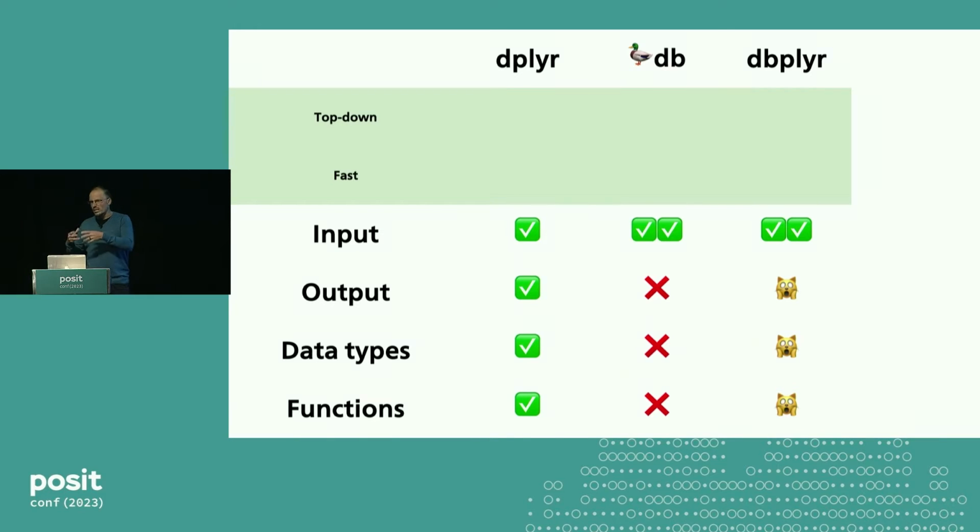We have to collect it and transform it to a data frame. We don't support all the R functions. We don't support all the R data types. And for some functions, even the semantics are a little different. Bottom line, chances are your dplyr code, if you take it and try to run it with dbplyr, will not work out of the box.